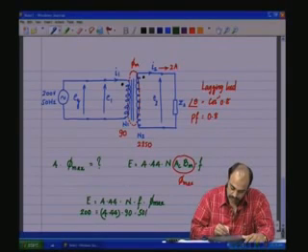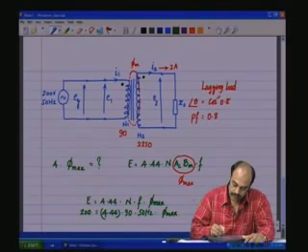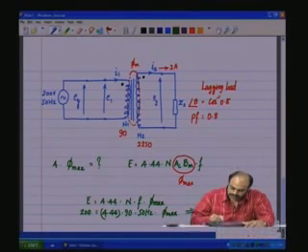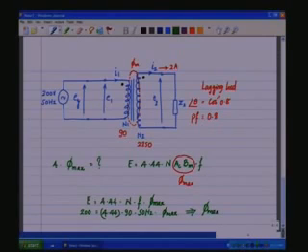Frequency is given as 50 hertz, and then phi max. This is the only unknown, and therefore phi max can be calculated, which gives about 0.01 Weber or 10 milliwebers.